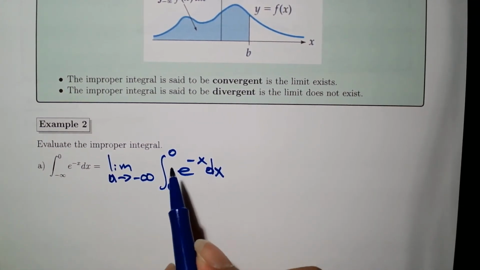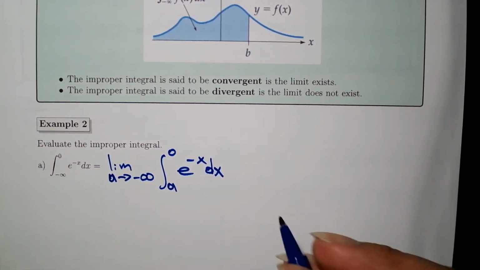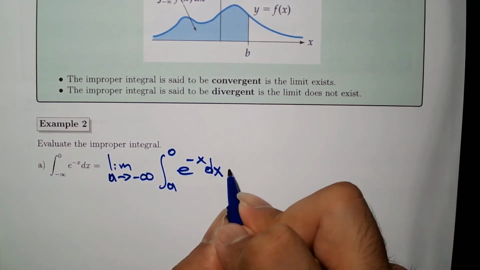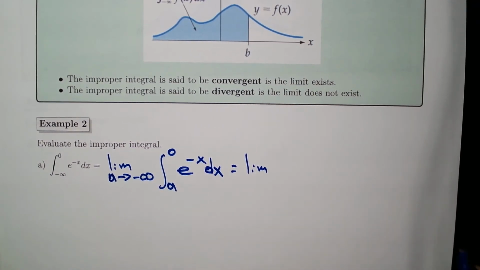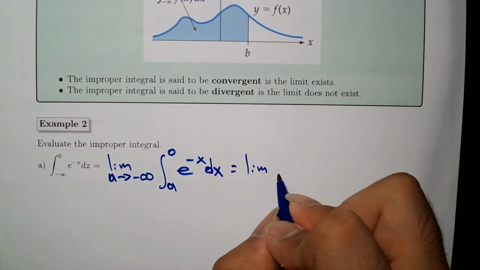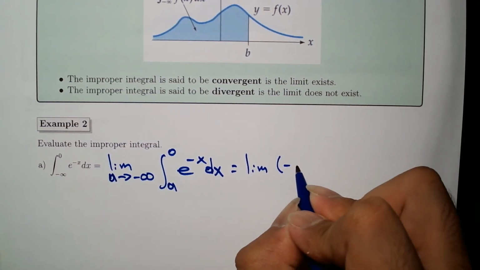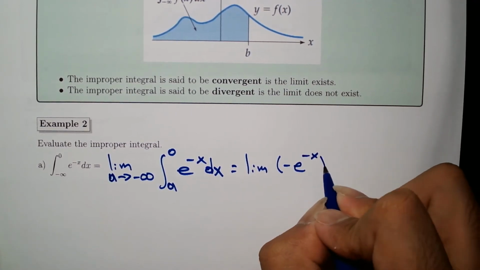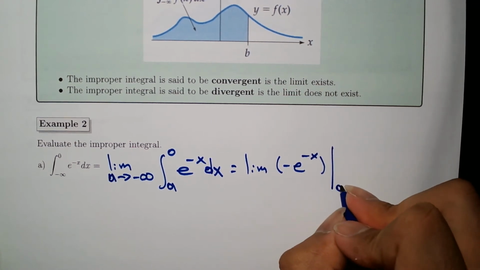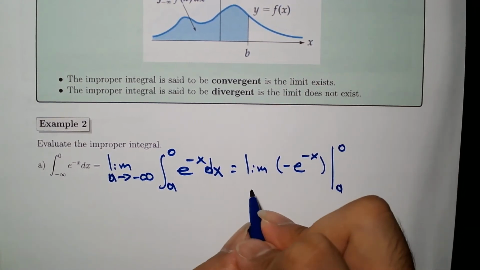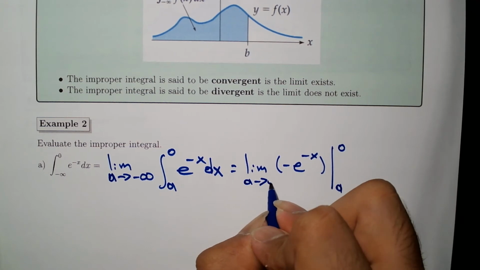So in this case, we are going to integrate this simple exponential function. So this is going to be the limit of negative e to the negative x, evaluated from a to 0, as a approaches infinity.